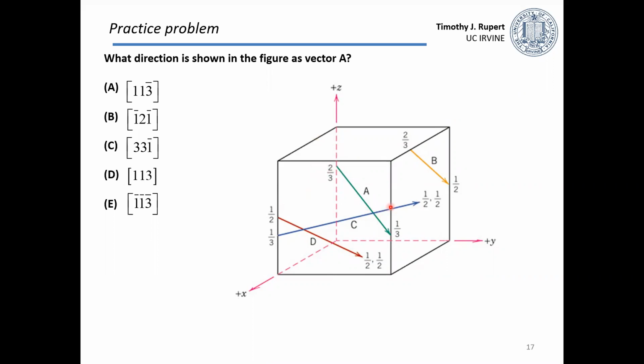And then we're moving down 1/3, okay? So we have 1, 1, and negative 1/3, right? The last thing we need to do is we can't have fractions in there. So let's multiply the whole thing by 3. And that means we'll have 3, 3, negative 1.